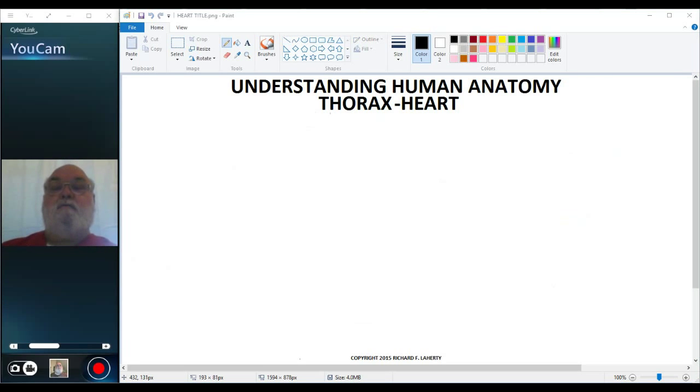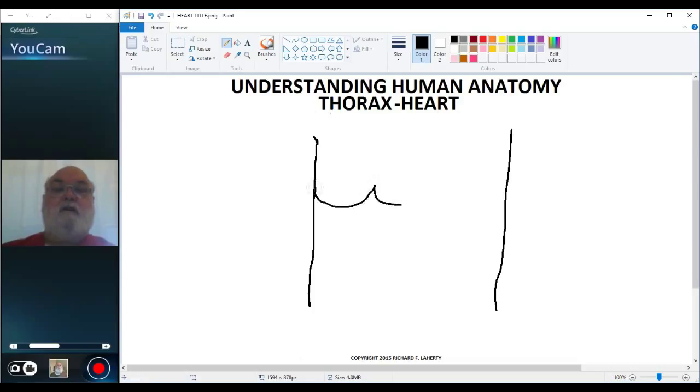Now in this slide, what we're going to do is draw the pulmonary trunk as if we sliced it lengthwise and then spread it open, like so. And if we look at the semilunar valves, they would look like this.